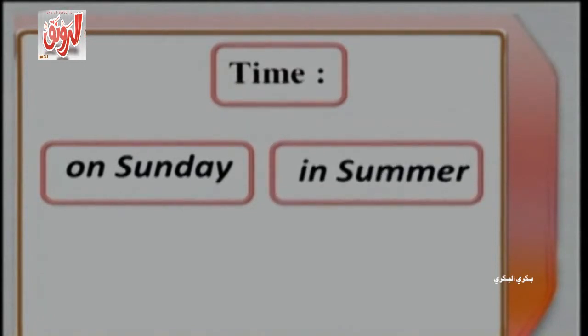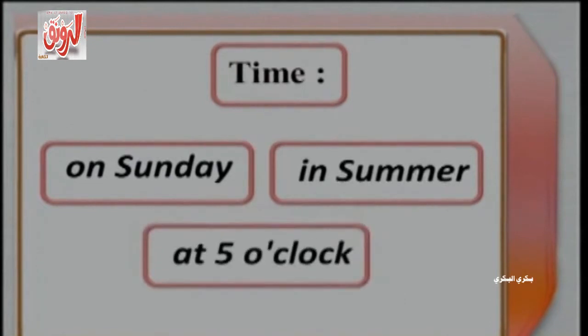On Saturday. In summer, one season of the year, all seasons of the year, you should use the preposition in, and they all indicate time. At 5 o'clock, if you want to tell the time, you have to say it is at 5 o'clock, or I'll see you at 5 o'clock. I arrive at 5 o'clock, etc.